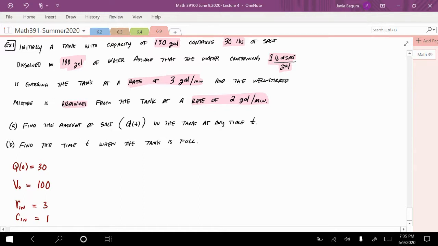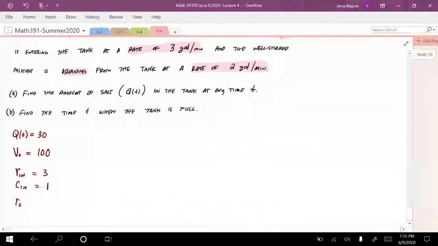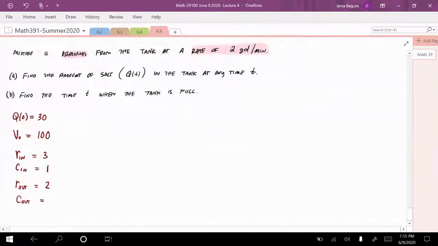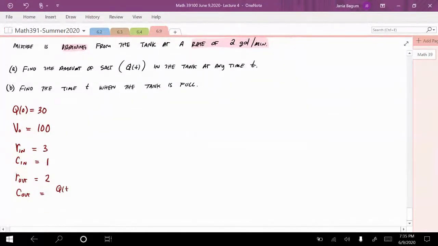Hopefully that makes sense. And it's well stirred and the mixture is draining. So we have R out, which is 2 gallons per minute, and C out, that's going to be a function, right? We have to figure out what that is. C out is going to be Q of T over V of T. So what is Q of T?